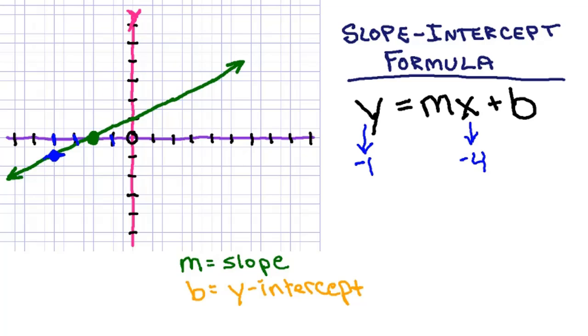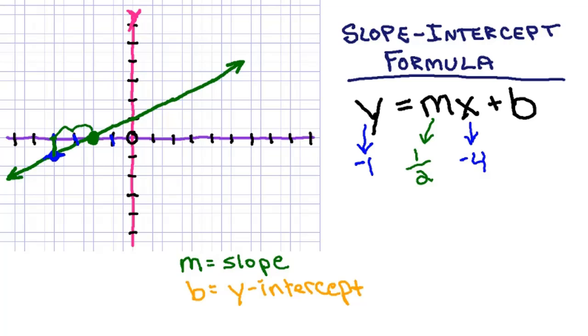So we're going to go from the blue dot to the green dot. We're going to get the rise first, which is 1 notch, because it takes 1 to get up to where the green dot is. And then we count over 1, 2, and that's your run. So for your slope, your rise is going to be 1, and your run is going to be 2.